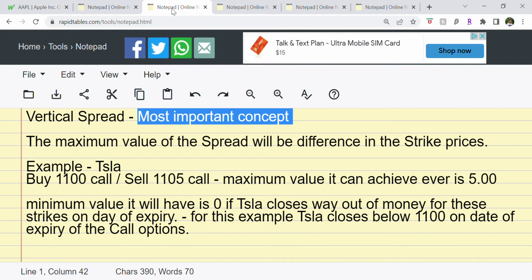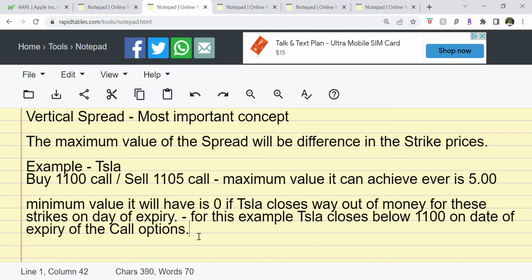Suppose you took a 1100 call and sold a 1105 call. The minimum value it will reach is if Tesla closes below 1100 on the date of expiry. Then both of these options will expire for 0, so the minimum value will be 0 for this spread. What is the maximum value?